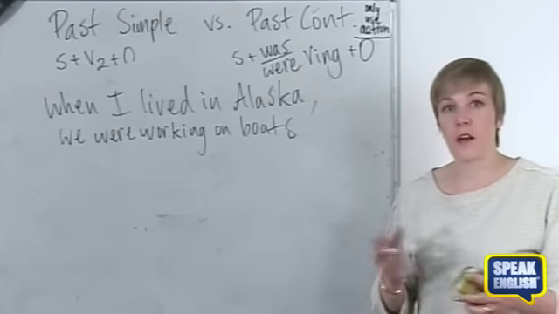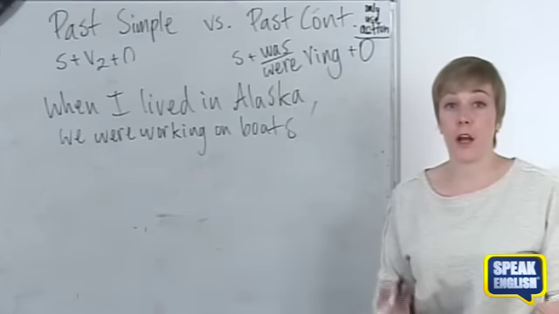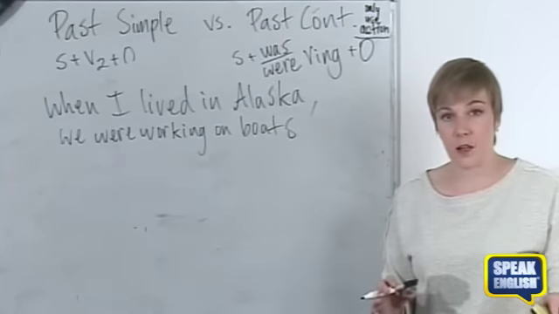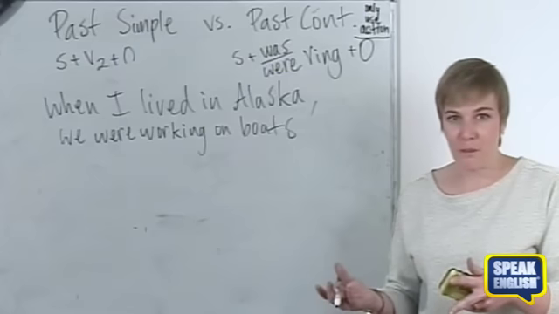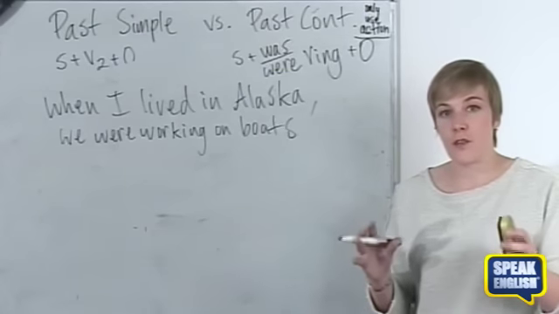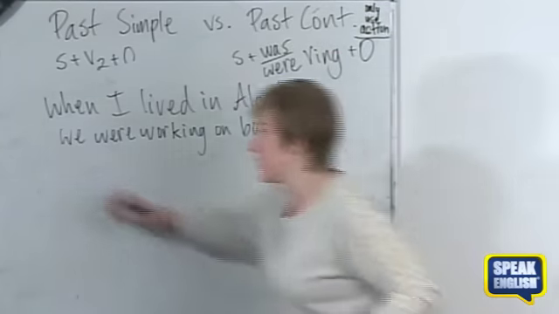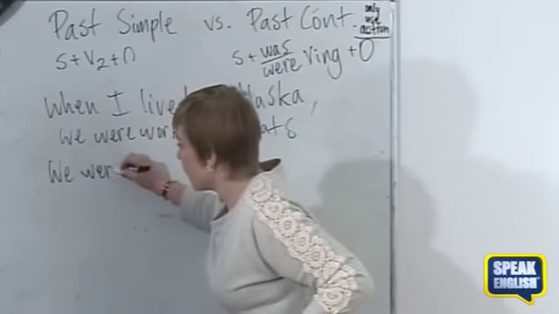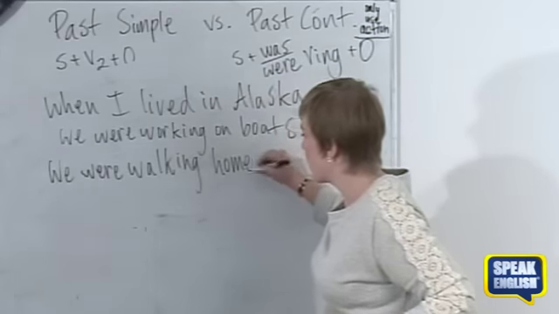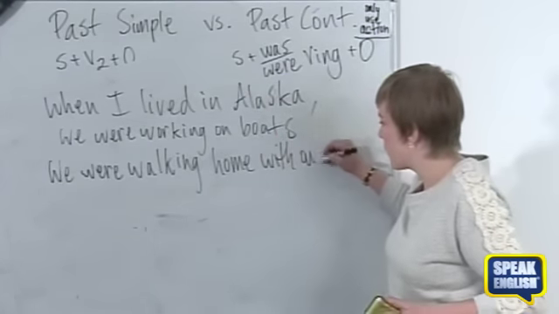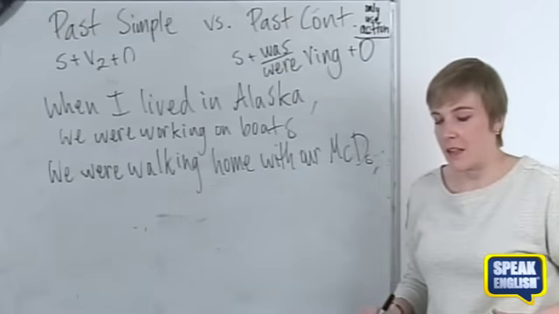We were working on boats very late. So one night, we got home very late and we were very hungry. We had not eaten dinner, so we went to McDonald's. We went and got some fast food. And we took this fast food packet, so we were going home with our McDonald's. We were walking home with our McDonald's bags.